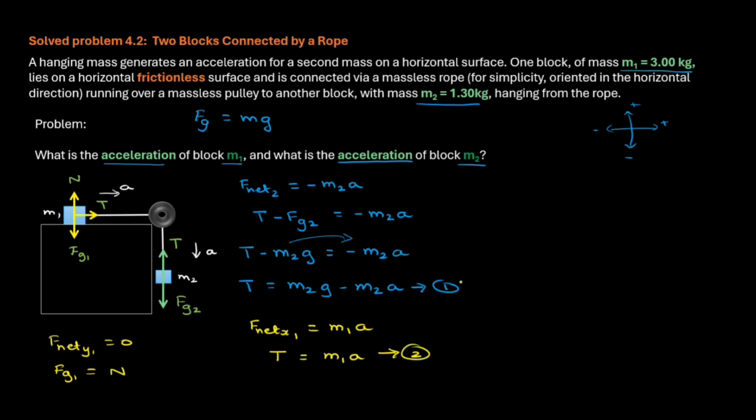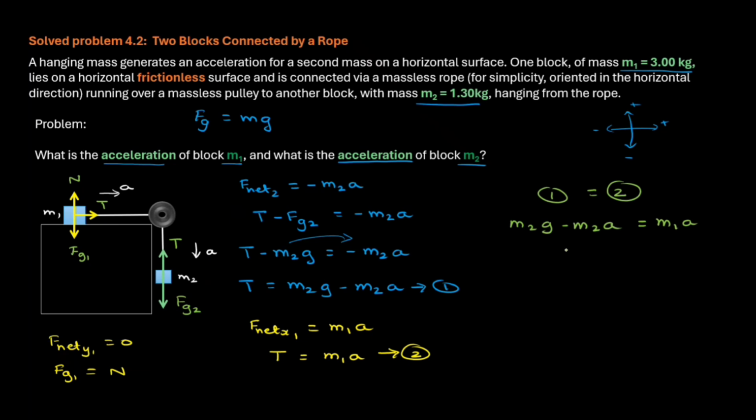Now, if you compare equation 1 and equation 2, you will see both of them are equal to the tension T. So if the left-hand sides of the equations are equal, that means the right-hand sides have to be equal too. So I will write equation 1 equal to equation 2 and write their right-hand sides here. We have m2g minus m2a equals m1a.